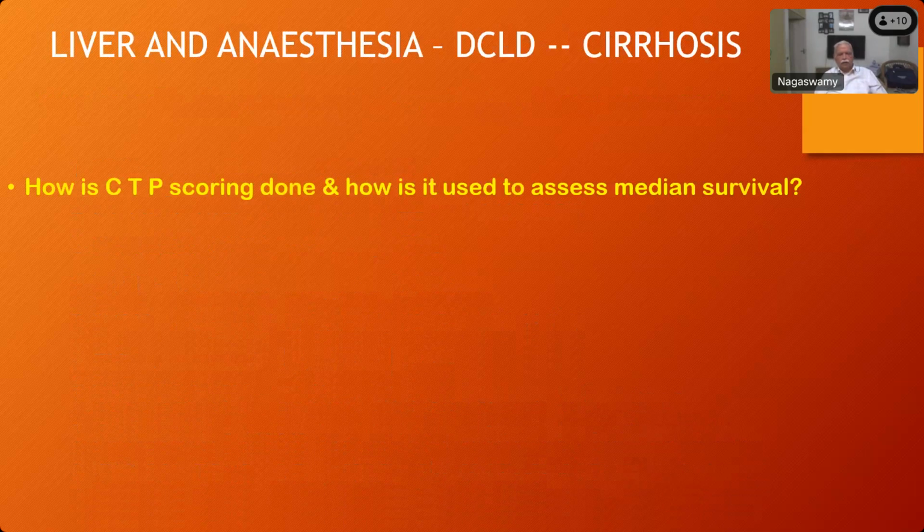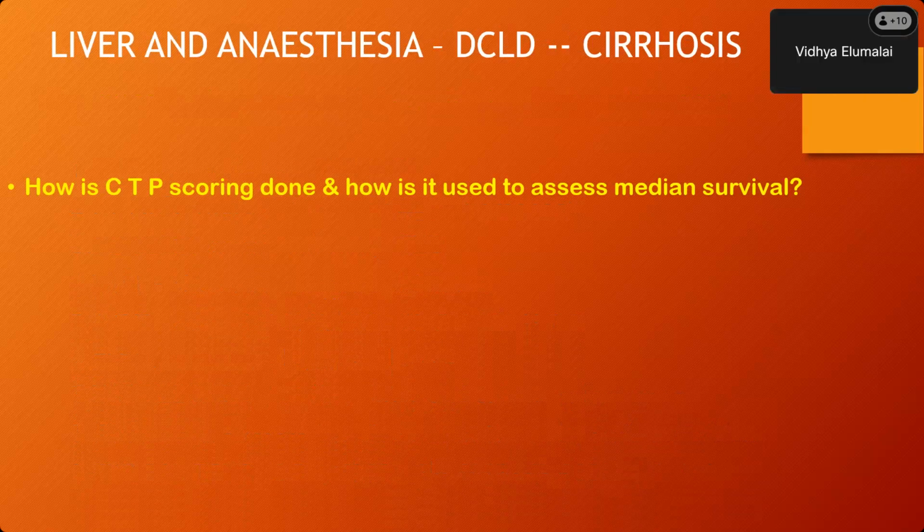Now, how is the CTP, that is Child-Pugh, scoring done, and how is it used to assess the median survival? What are the factors you take into consideration to assess or calculate the CTP score? So total bilirubin, albumin, encephalopathy, INR, ascites.